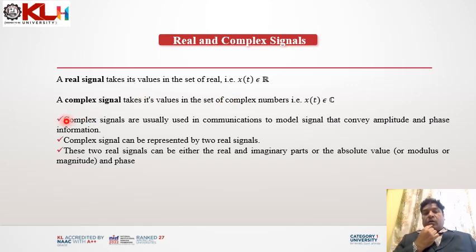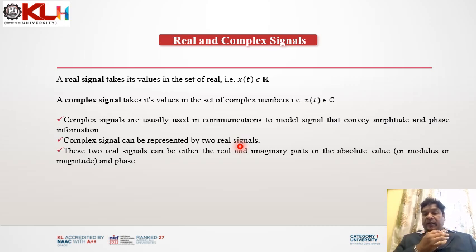Now, these complex signals can be represented by combining two real signals. If you take a simple example, I can write a complex number C as a plus j times b. So a is a real number, from which we can get a real signal, and the other factor is j times b, where b is also a real number.